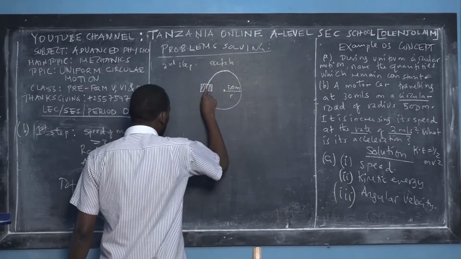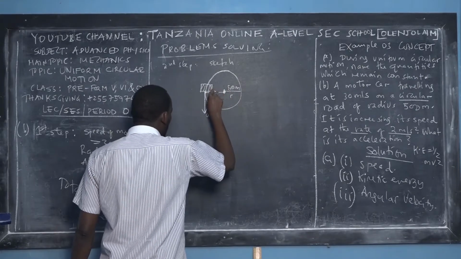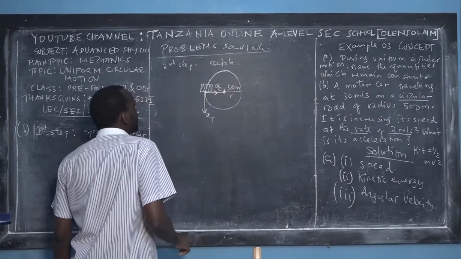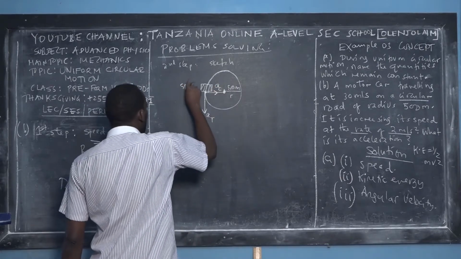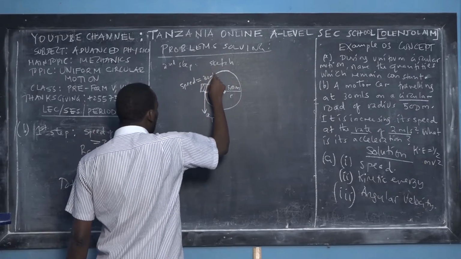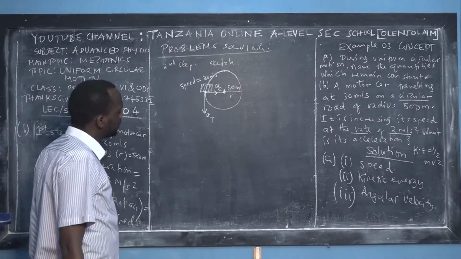But again, when it is moving with that acceleration, there is another acceleration acting toward the center, which is centripetal acceleration. The speed of the body at this state is 30 meters per second, the radius is 500 meters.